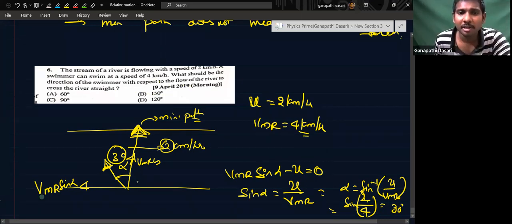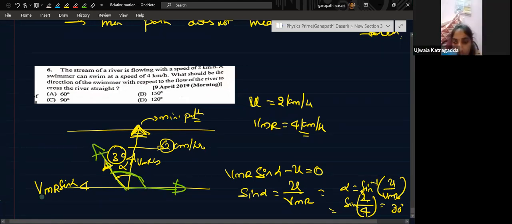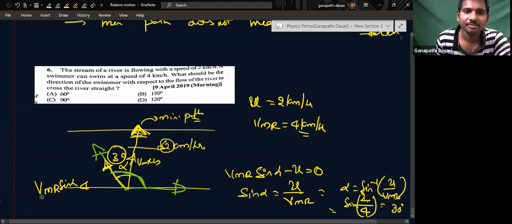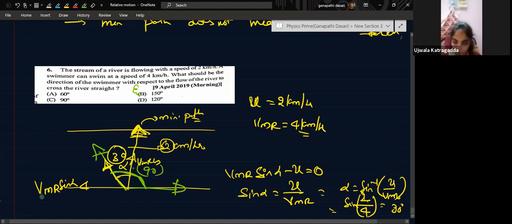He asked with respect to the river. The river is going like this and you are going like this. So how much angle with the river are you making? 150. Why 150? 180, 90 plus 30.